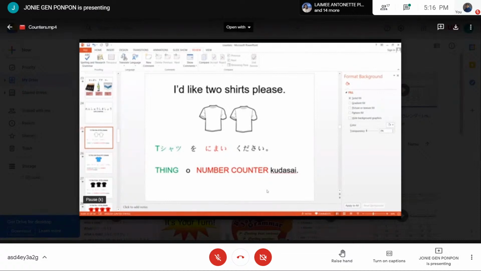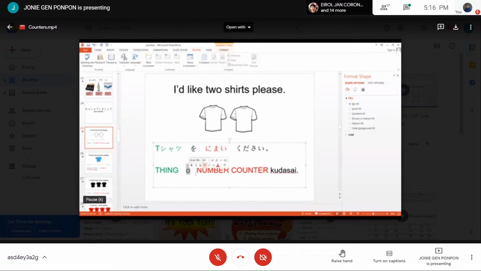T-shatsu. Okay, so you say first the thing, yung gusto mo. What do you want, the object you want, first sa grammar pattern, and then next is the particle o. Okay, so the wo, this time magiging o na ang wo. Because it will become a particle, that's why ang pronunciation ng wo ay o.